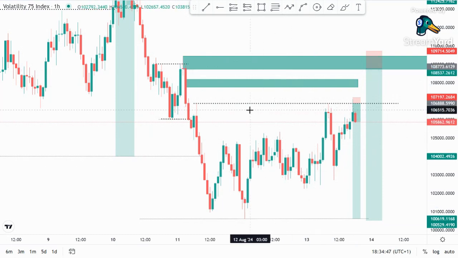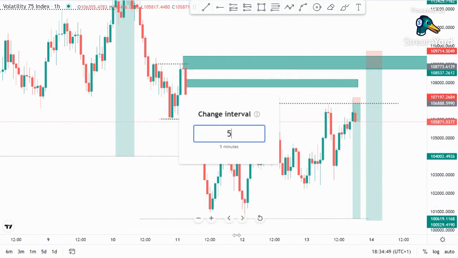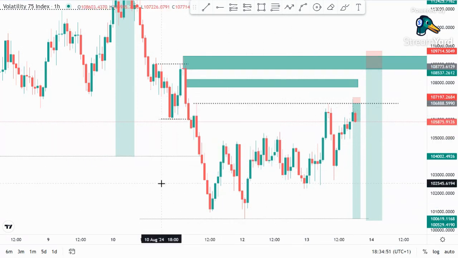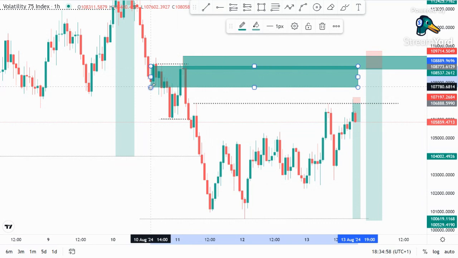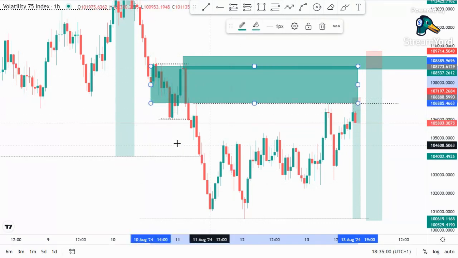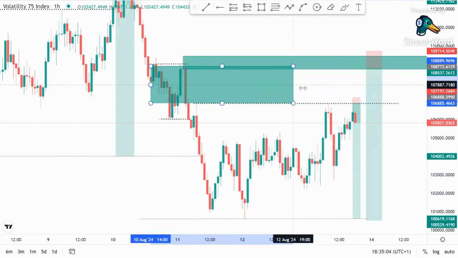Now I went to the 5 minute time frame to look, because your POI is not necessarily just the order block. It's the whole zone, from your structural liquidity to your strong high, that is your POI.